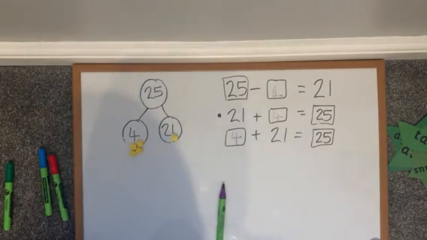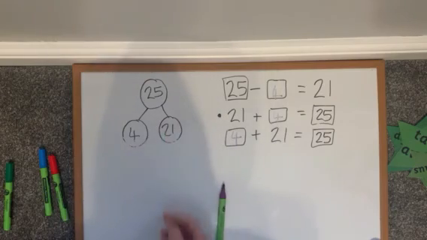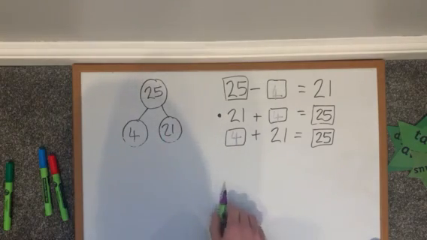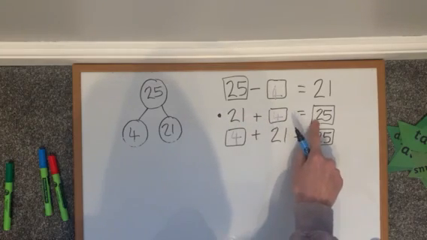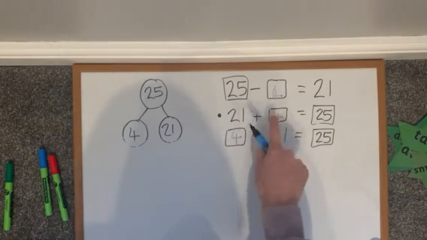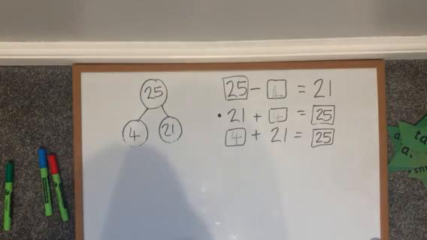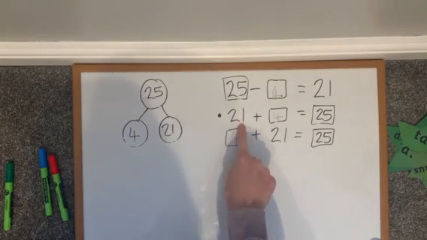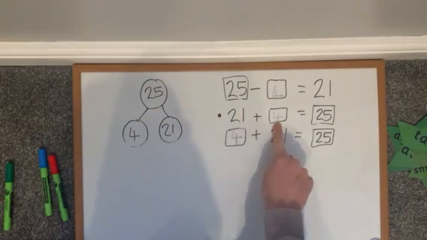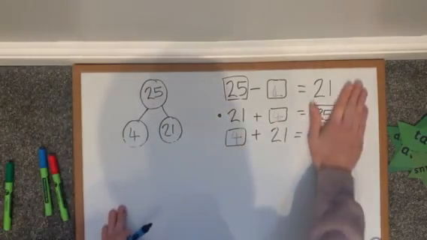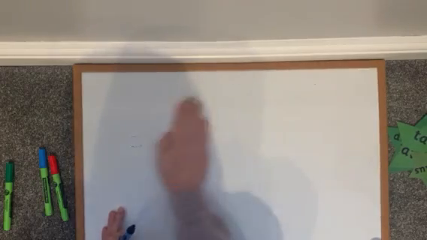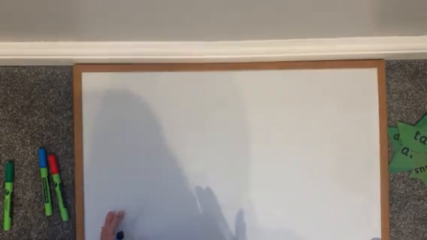You're going to have a selection of number sentences that are all subtraction, and you are going to change them to an addition number sentence and count on to find the missing number, just like I have. I changed this into an addition number sentence to work out the missing number by counting on rather than counting backwards.